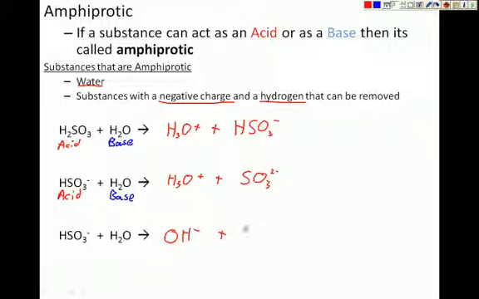And this will become H2SO3. And so that means H2O donated a proton, and therefore this is the acid. And HSO3 minus here accepted a proton, and therefore this is the base.